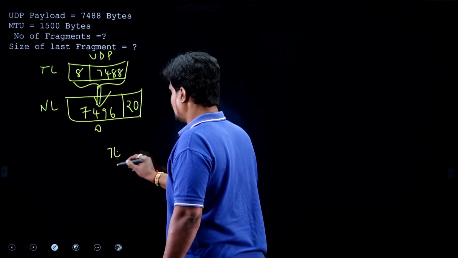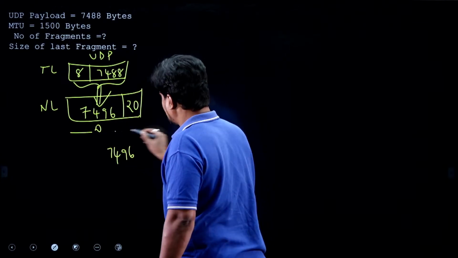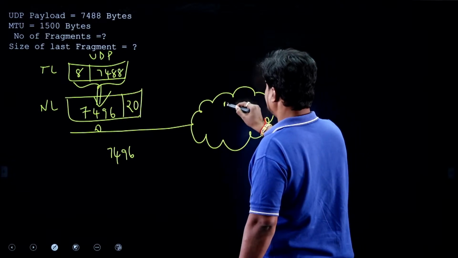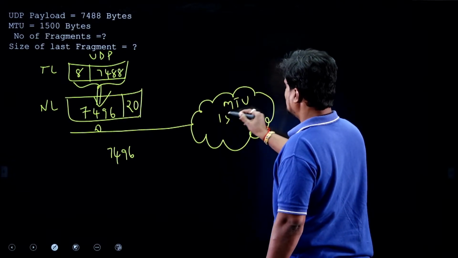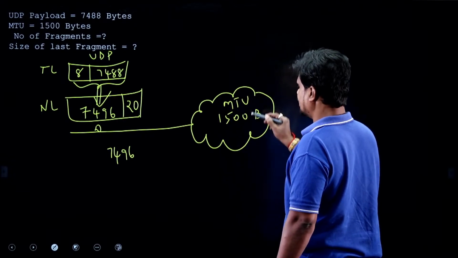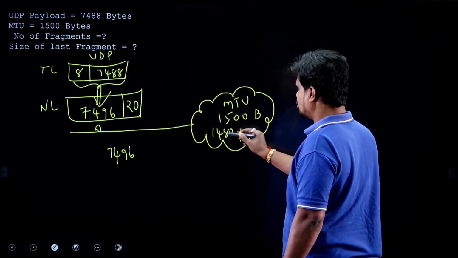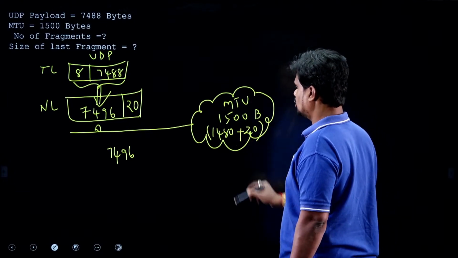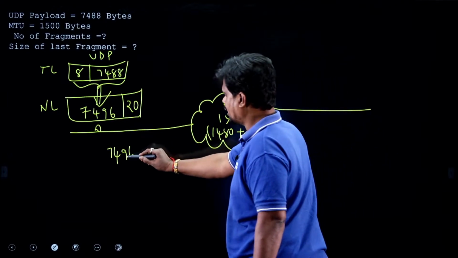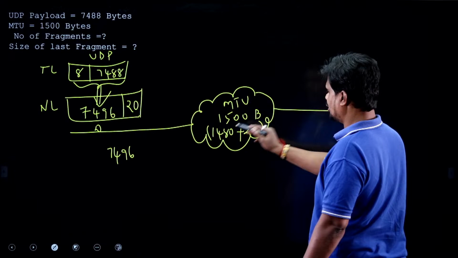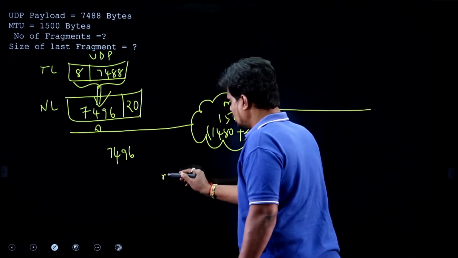So 7496, which means this packet needs to be forwarded via this interface. This interface has an MTU of what? Ethernet interface. What is that Ethernet interface? 1500 bytes. And you know that it is by default divided into 1480 and 20. Which means that this 7496 can always be forwarded from this end to this end only 1480 at a time. So how can we calculate the number of fragments?